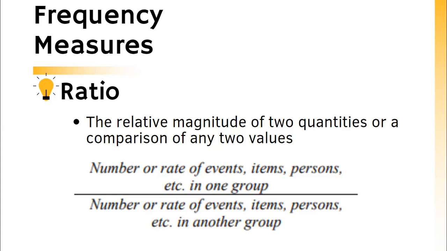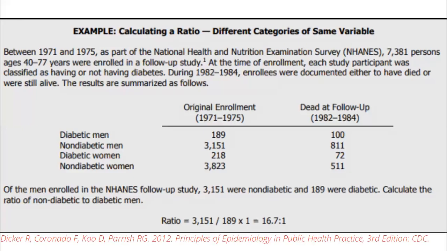So basically, you are just comparing two different groups. For example, this is how you calculate ratio with different categories of the same variables.